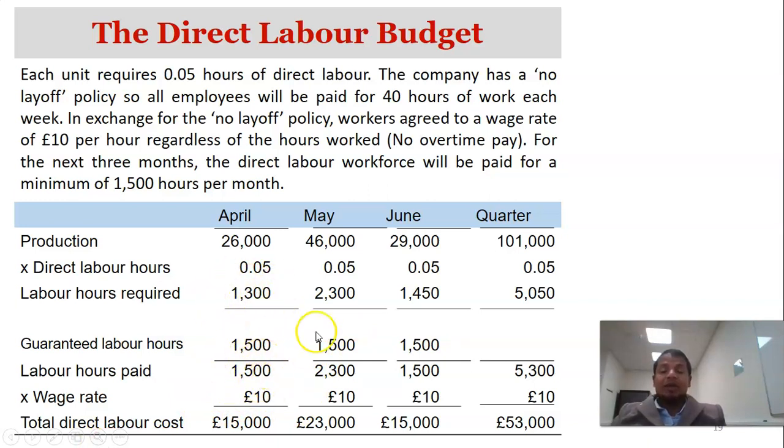So we have to pay additional, because we guaranteed this, even though we actually use less. Where the requirement is less than 1,500, we have to pay the guaranteed amount. So the total is 5,300 hours we have to pay for, multiplied by £10 per hour, and then you'll get the direct labor budget.